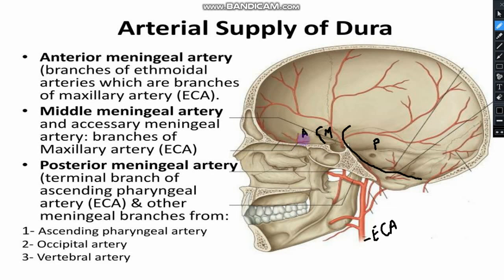So in the anterior cranial fossa, and in the middle cranial fossa, the middle meningeal artery and accessory meningeal artery are branches of the external carotid artery.